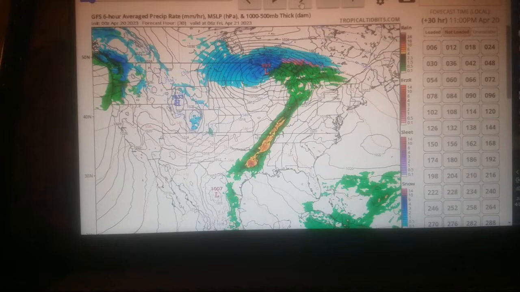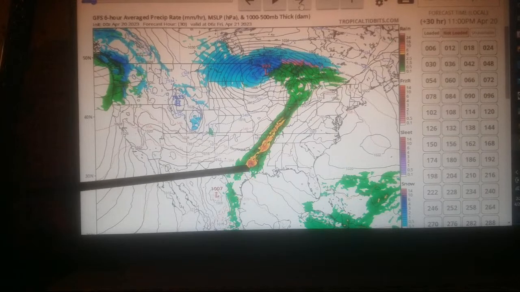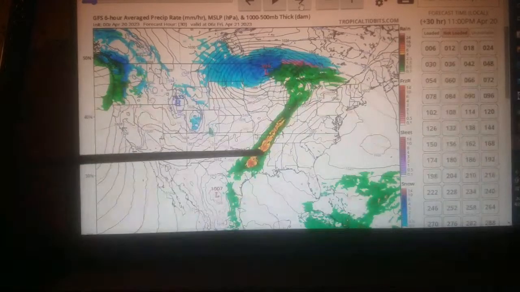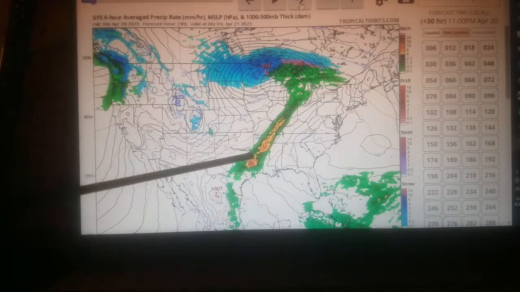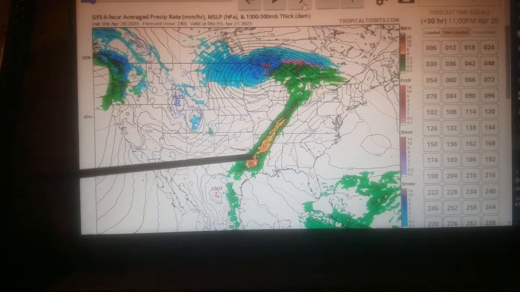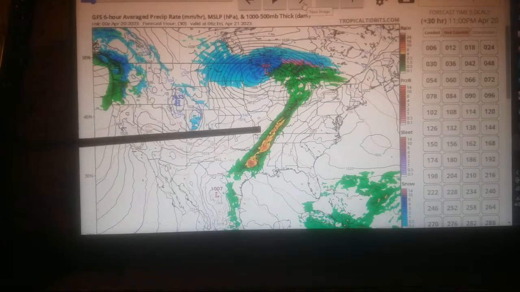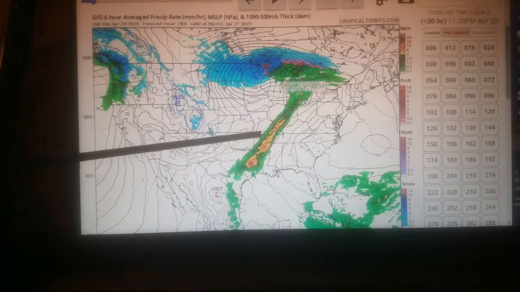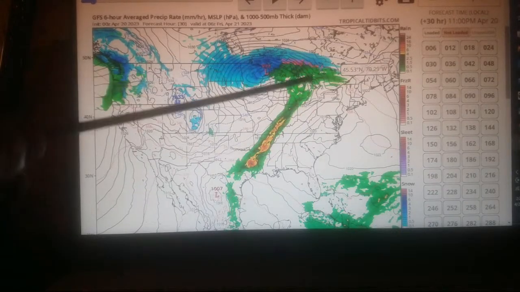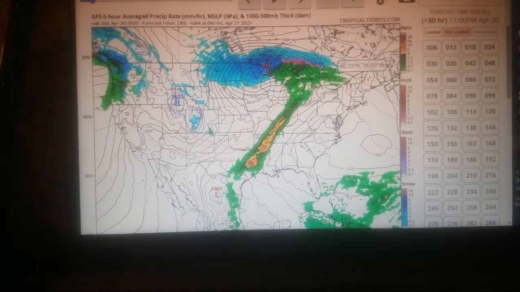Okay, the monster is on the loose, you guys. And look how it's just ravaging Texas. Not Arkansas again, not the Clintons again. We're getting up into West Virginia, Missouri. Just look at the structure of this storm.